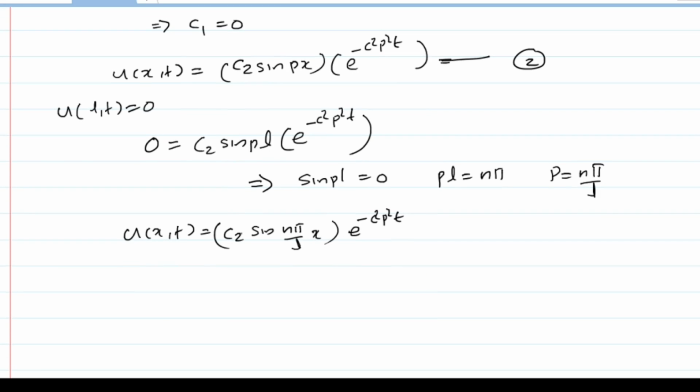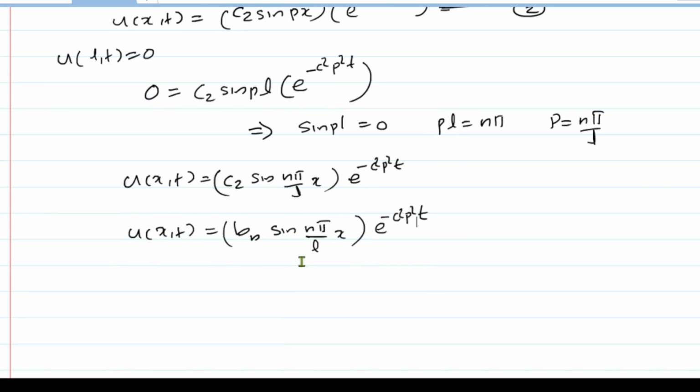Instead of c2 I put bn, since c2 is an arbitrary constant, so u(x,t) = bn sin(nπx/L) e^(-c²p²t).